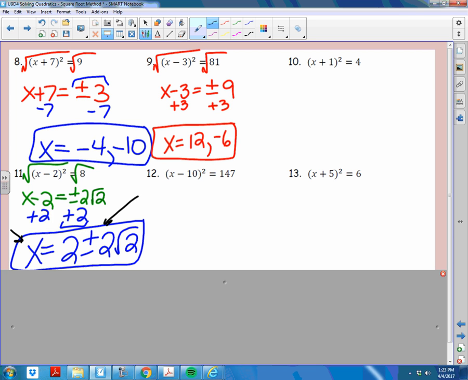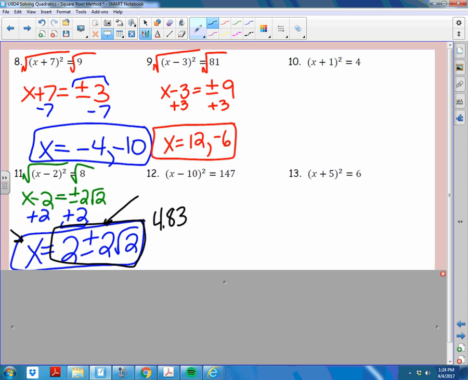Sometimes you may end up with a test where the answer choices are decimals. How would you convert this into a decimal? You just punch it into your calculator. If you type 2 plus 2 square root 2 and hit enter, it'll tell you it's 4.83.